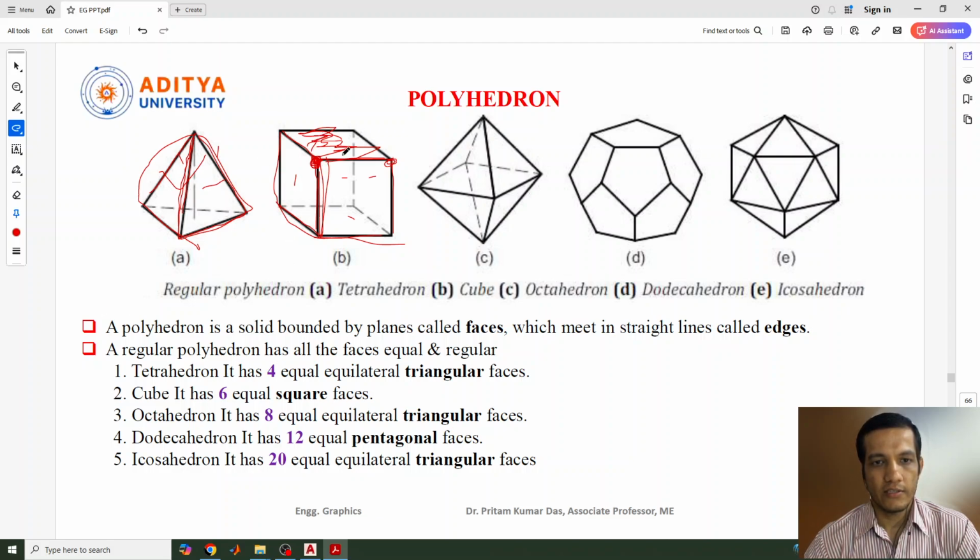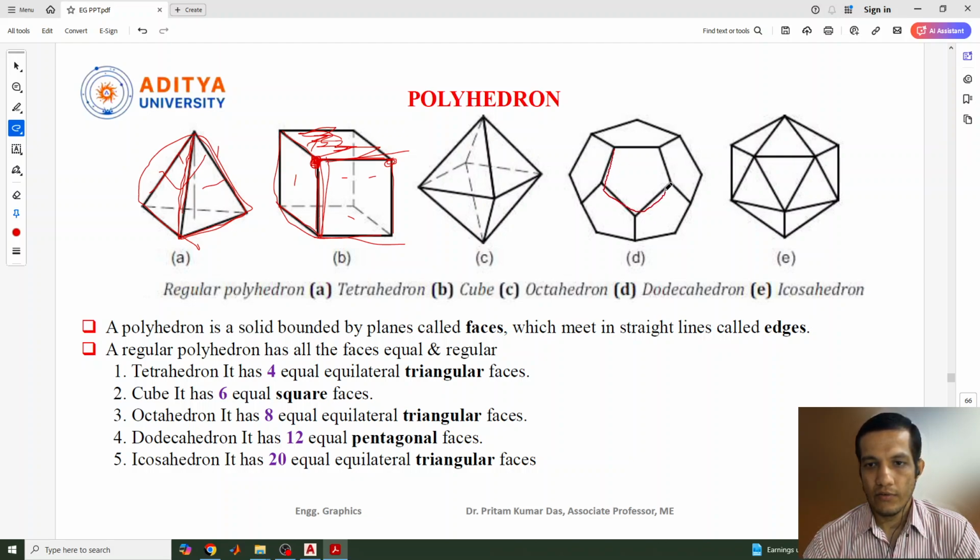All the sides are squares. Next comes the octahedron, which has 8 equal equilateral triangle surfaces, and all the surfaces are the same. Similarly, the dodecahedron has 12 surfaces.